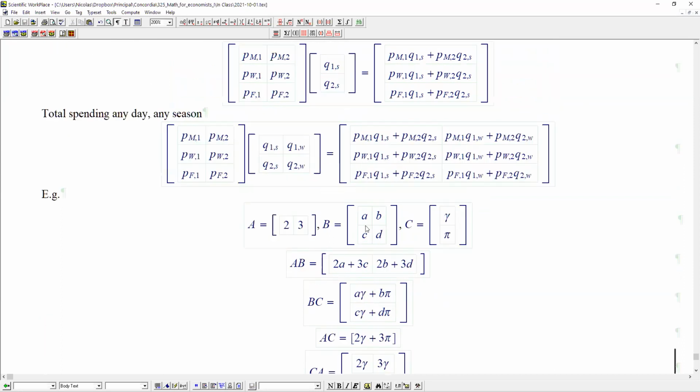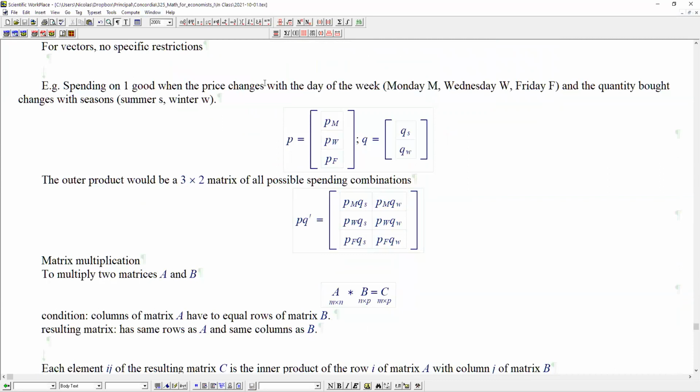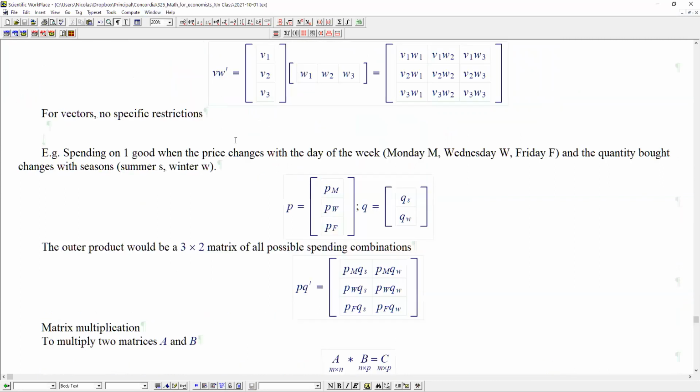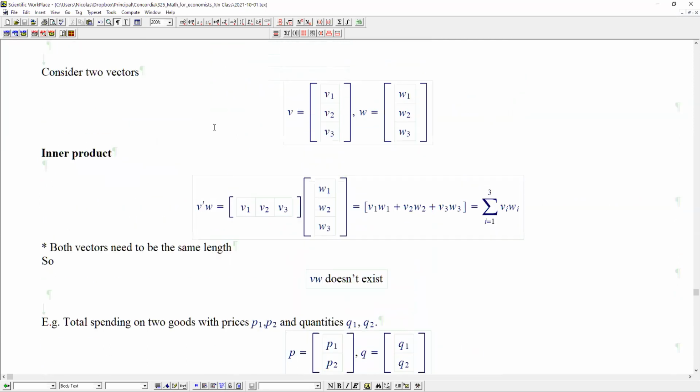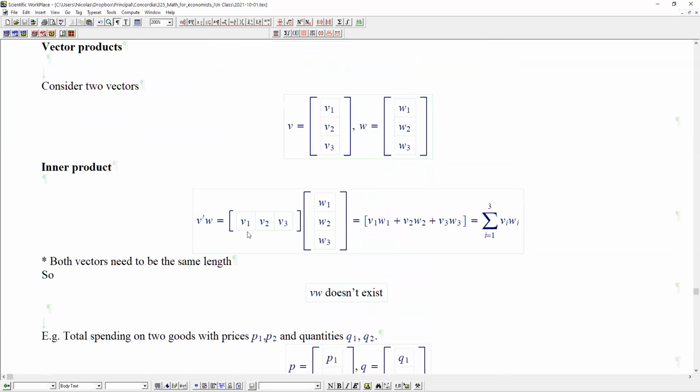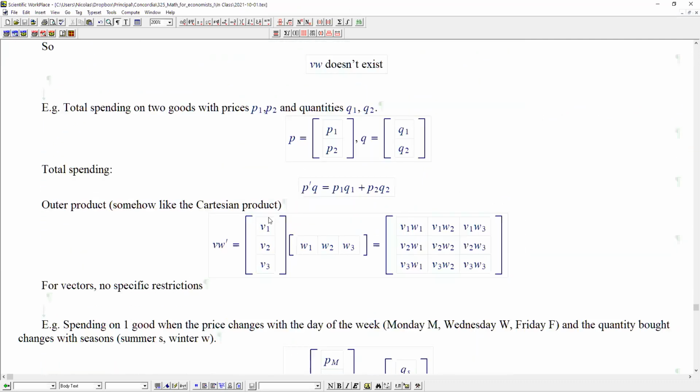So you really see that matrix multiplication is just a combination of inner product and outer product. I started with one and then the other to show you the two things going on: we're combining columns and rows in specific ways. If you have vectors, you can combine them this way to get just a number, or this way to get this whole matrix.